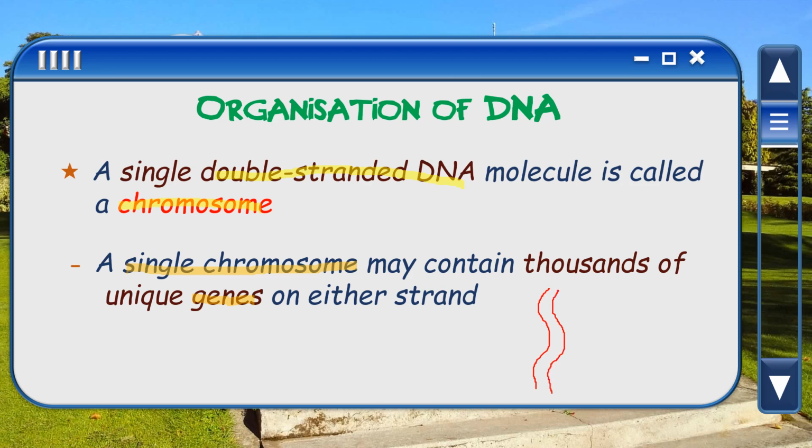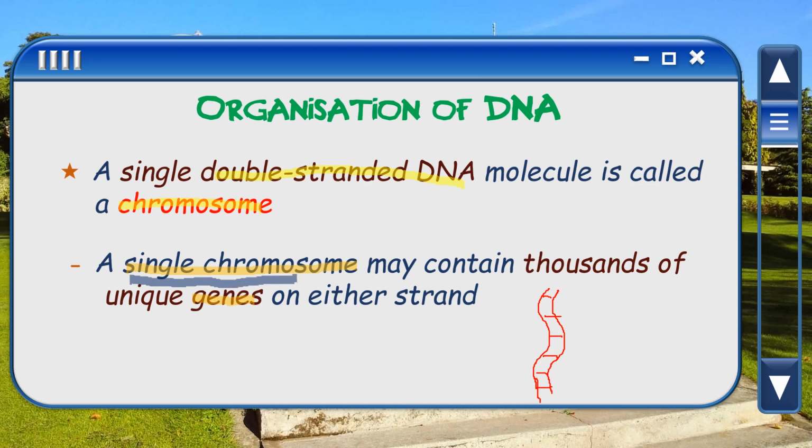It has 2 strands, and these 2 strands are connected by pairs of bases. The whole of this, these 2 strands, is what we call a single chromosome.